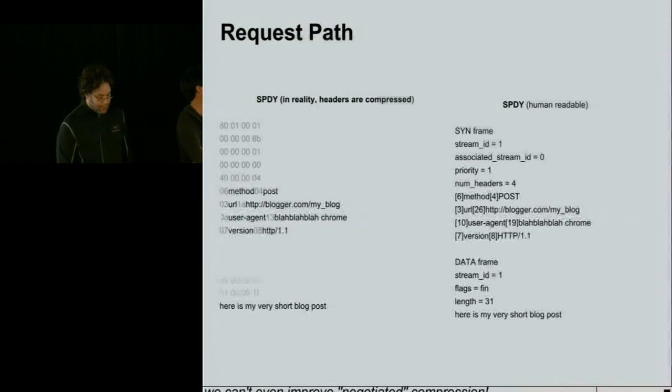It has 4 headers, and the headers are key value pairs, where the key is the first element and the value is the second. So the method, it was a post. URL is not something we use as a key these days, but I'll explain briefly why in a moment. User agent, etc., etc.